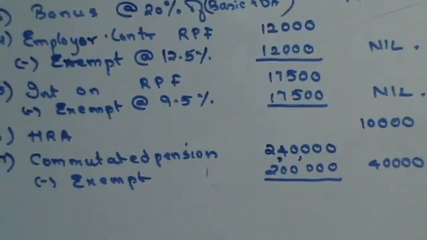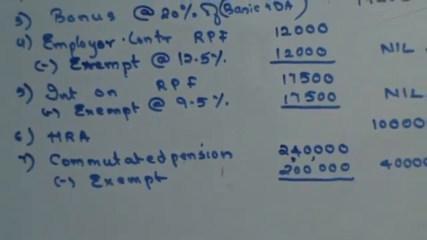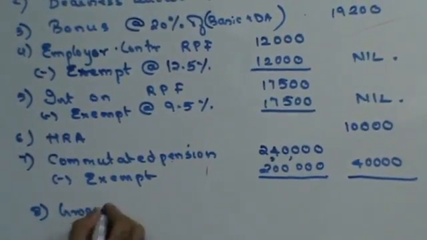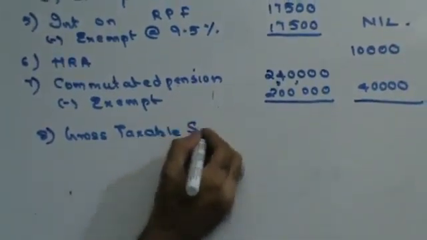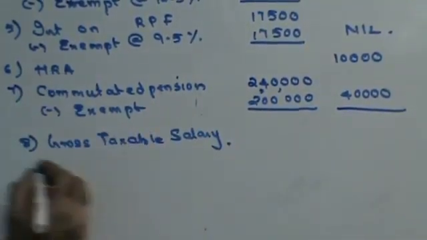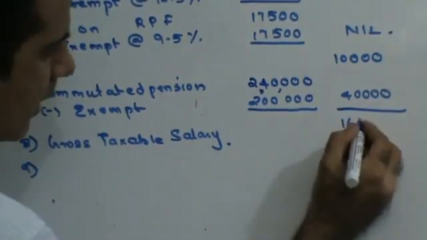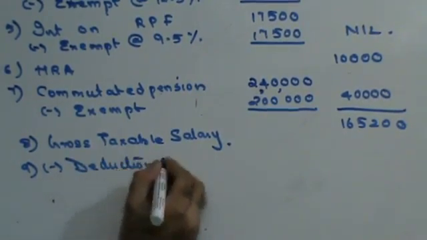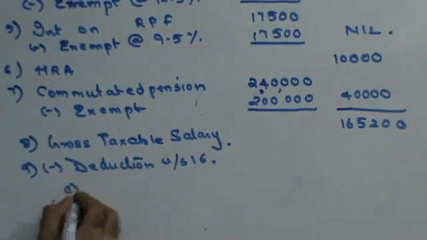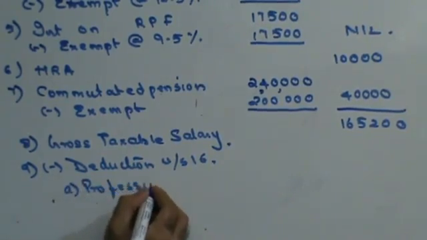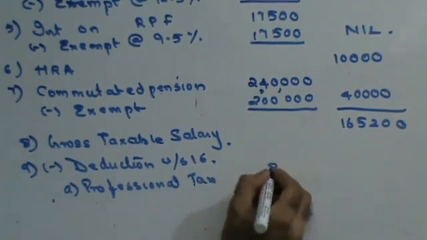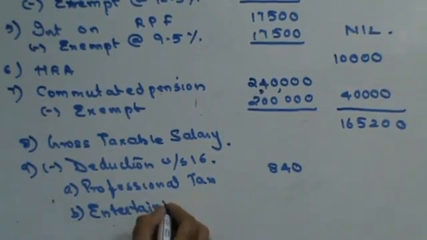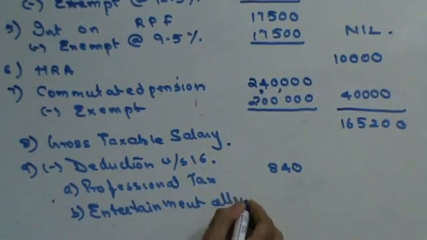Next, he owns a residential house. That's it. This will give you your gross taxable salary. Someone please calculate the gross taxable salary. 1,65,200, less deductions under section 16: A, professional tax 840; B, entertainment allowance nil.